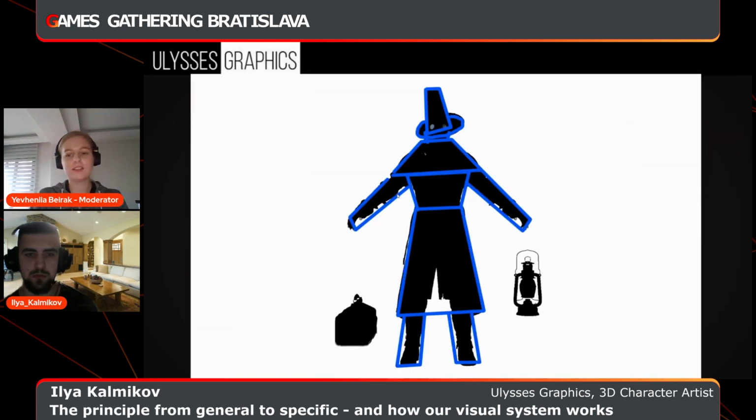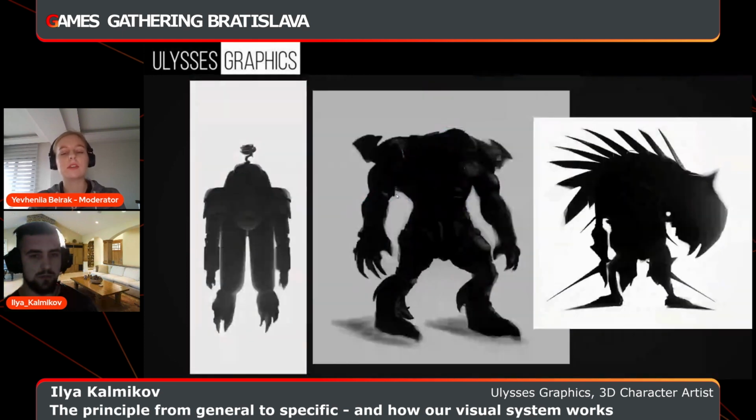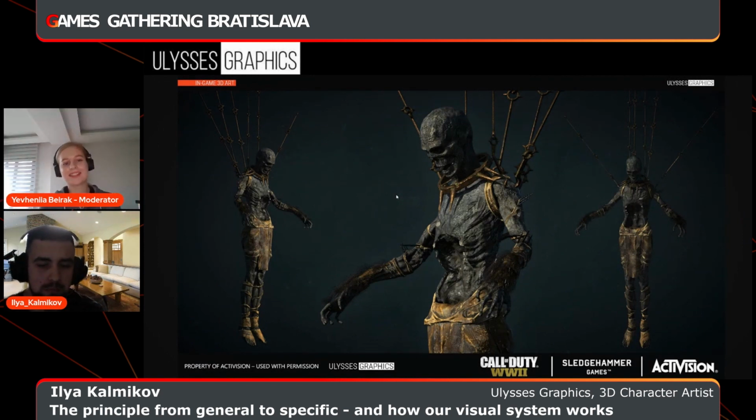Okay, thanks a lot. The next question, probably it's a big mistake of the beginner artist. It's to start the drawings from the details, not from the overall picture. How to stop doing this? Okay. This lecture is about this, actually.